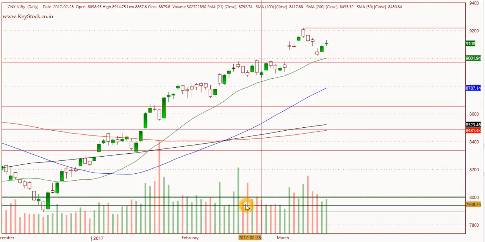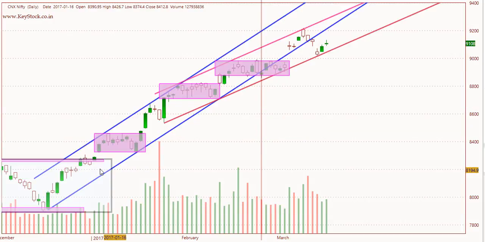Now let's review from an uptrending channel perspective. Now here, as you can see, the blue lines indicate the uptrending channel. This uptrending channel has a very good slope.